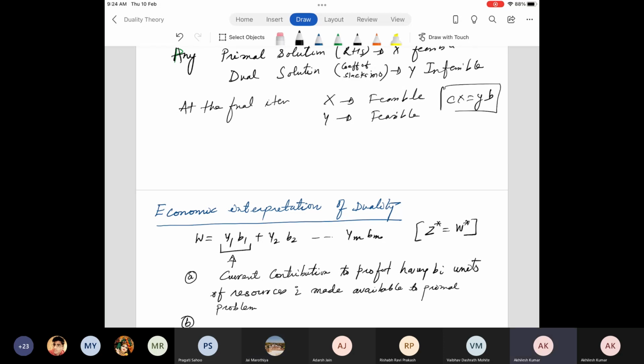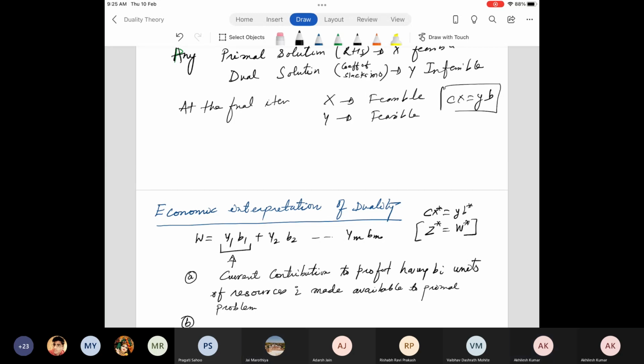What is G star? Tell me. It is the optimal value, right? The maximum value you will get for the problem. Cx star equals Yb star. Now, does it make sense?